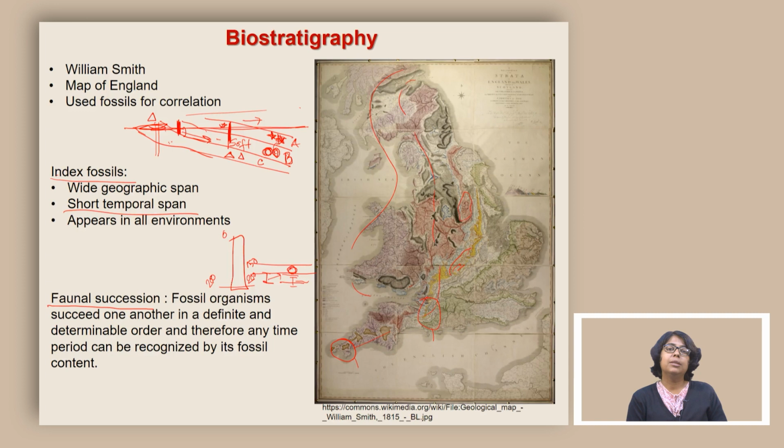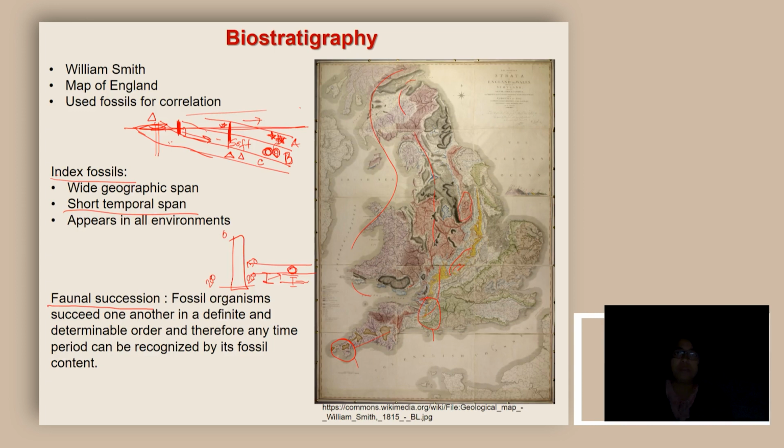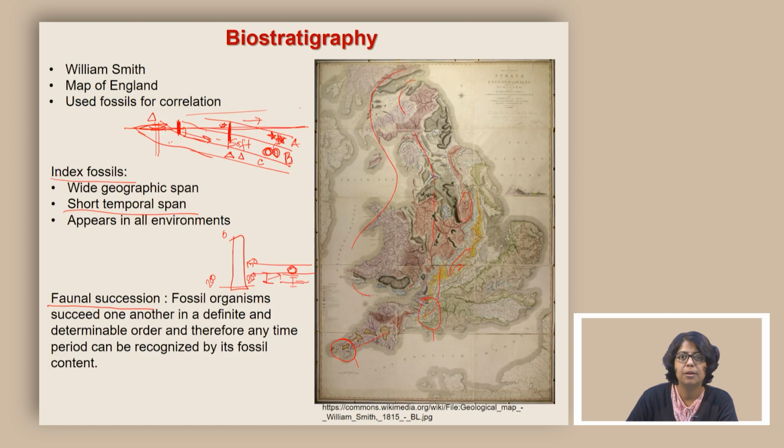Now, one more important thing to remember is when people identified index fossils or used the idea of faunal succession, they really did not have any idea about the absolute time. It is important to remember that when William Smith and others were using the idea of faunal succession and correlating, they had no idea about the absolute time. So, the examples that I gave, 200 million years and 0 years versus 200 and 150 million years, they really did not know that.